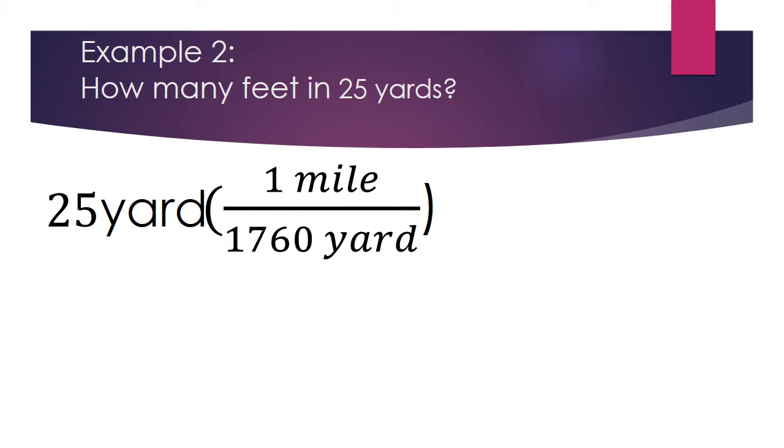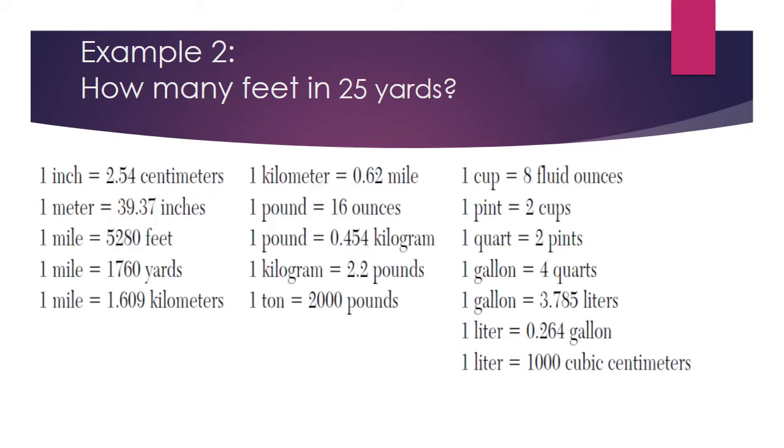But my end result is supposed to be in feet. That's why I'm going to have to set up another conversion ratio where I change miles into feet. So I'm going to look back into my reference sheet and find a piece of information that can help me change miles into feet. And this piece of information is right here, where I have 1 mile equal to 5,280 feet.